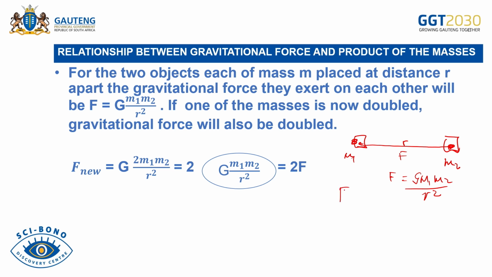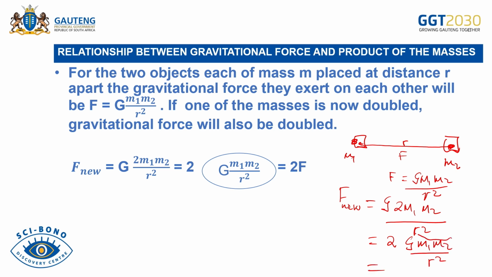Now you need the new F. F new: I'm having G, which is still G, a constant, and one of the masses is now doubled. I can double M1 or M2, it's up to you. That won't affect the answer. So twice M1, M2 is still M2, R is still R. So I'm having twice G M1 M2 over R squared.